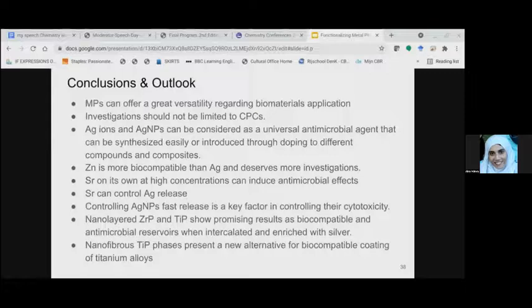And finally, we have also seen that the nanolayered zirconium phosphate and titanium phosphate show promising results as biocompatible and antimicrobial reservoirs. And the nanofibrous titanium phosphate phases present a new alternative and an application for biocompatible coating of titanium alloys.